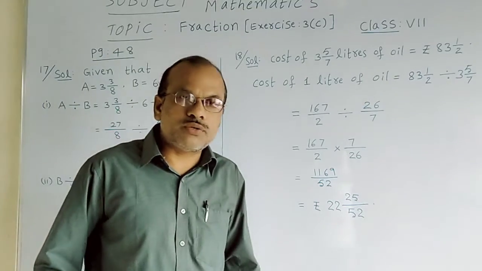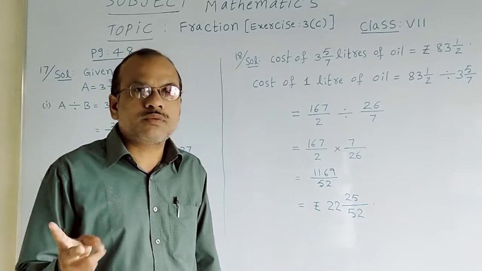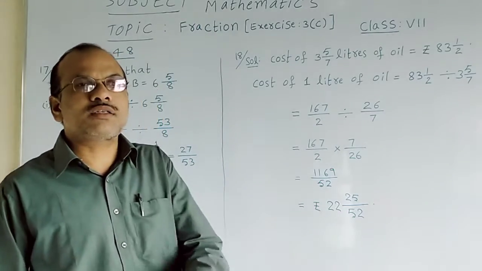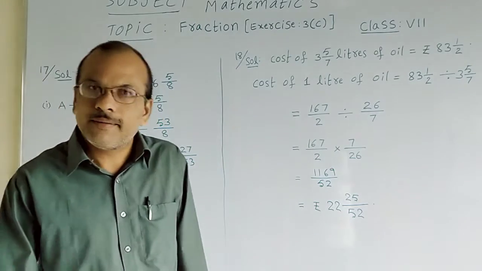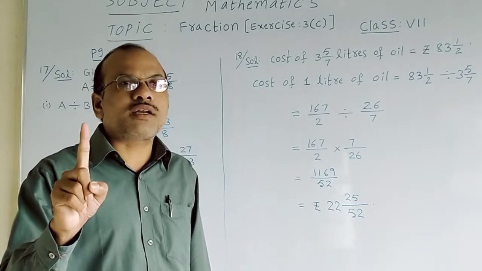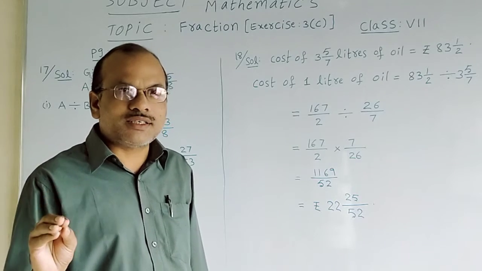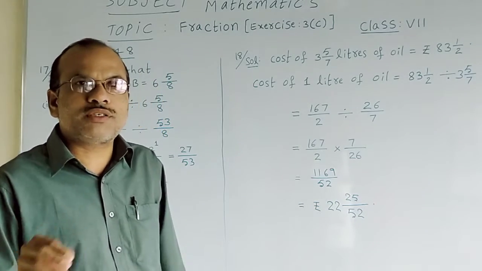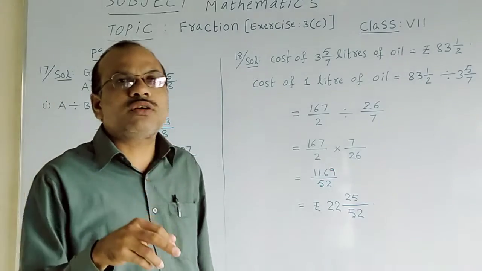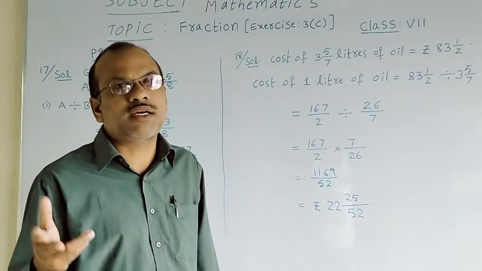Now, tell me students, suppose the cost of 2 liters of oil is 10 rupees. Then what will be the cost of 1 liter of oil? Is it 5 rupees? Yes. How did we get this 5 rupees? 10 should be divided by 2. Then the quotient will be 5 for us. 2 5s are 10.